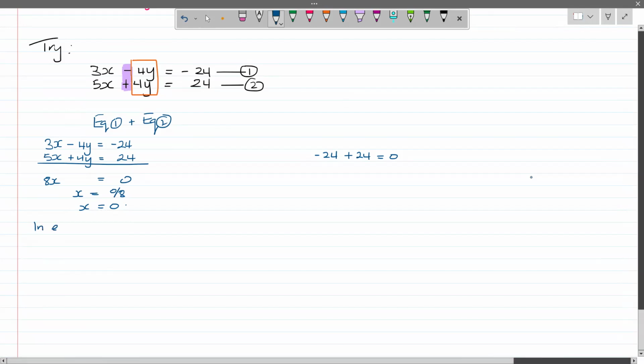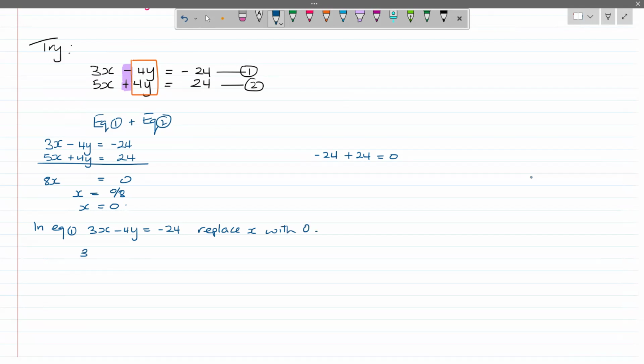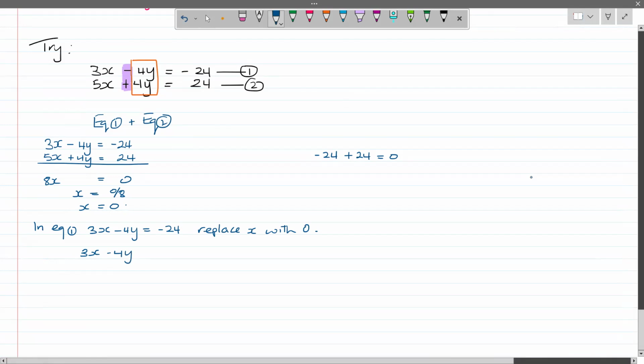In equation 1, 3x minus 4y is equal to negative 24. If we replace x with 0, what you have to remember is that here you're going to put a 0.